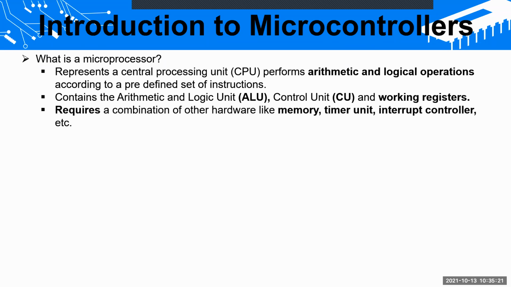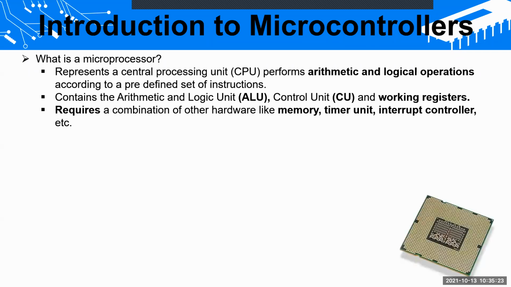If you get the processor, then we have to provide the other stuff: the memory, some timing things, the interrupt controllers. In the microprocessor we have only the ALU, CU, and the register part, so the other stuff, like watchdogs or whatever, we have to provide.